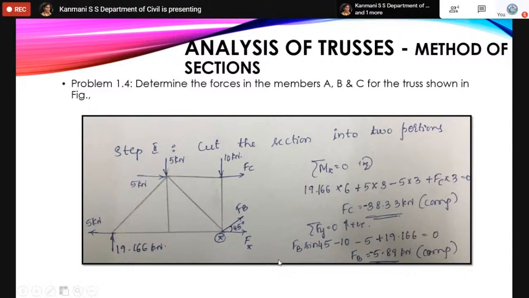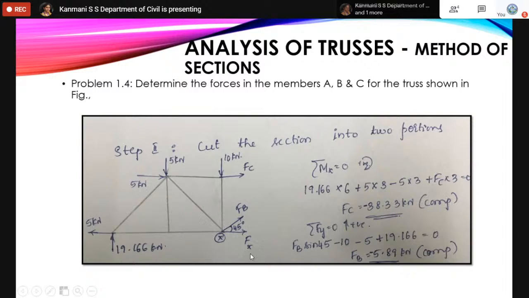Now we apply equilibrium again. I am left with two more equations, sigma Fx equal to 0 and sigma Fy equal to 0. Again, you need a smart way to know it. FX is an unknown force.